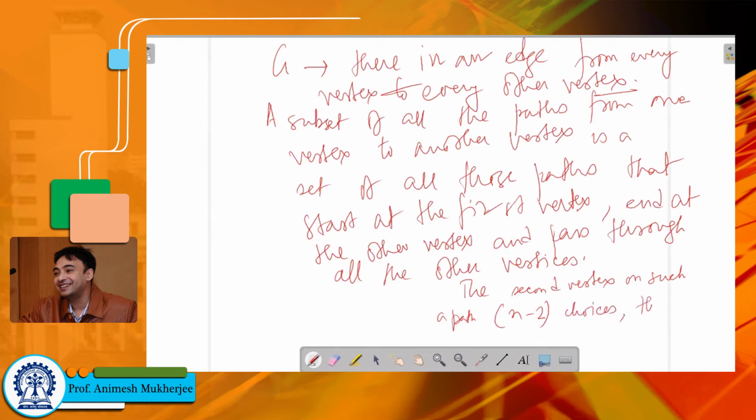Third vertex, there can be n minus 3 choices, and so on until you continue, and the second last vertex will end up having only one choice.